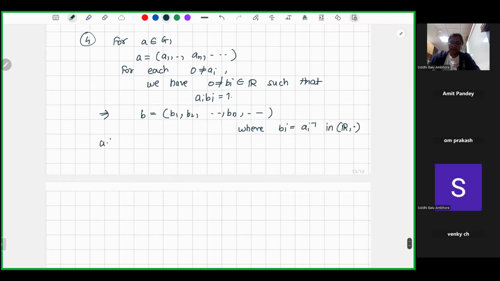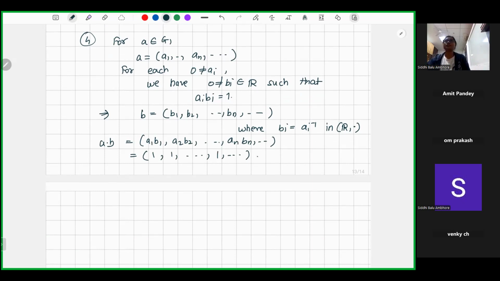Okay, and then by choice of my B, this A1, B1 will be 1, A2, B2 will be 1, and so on. And this will work as inverse for my element A. I hope this is clear.